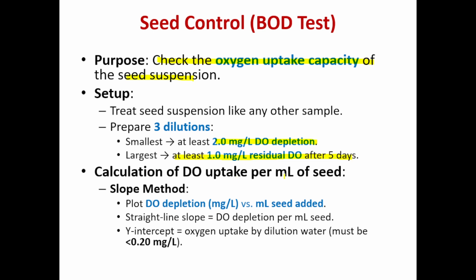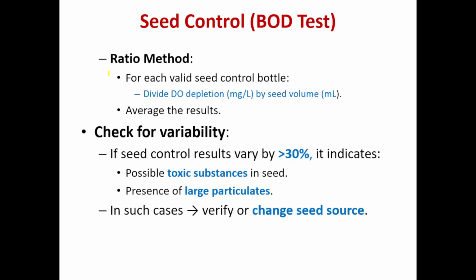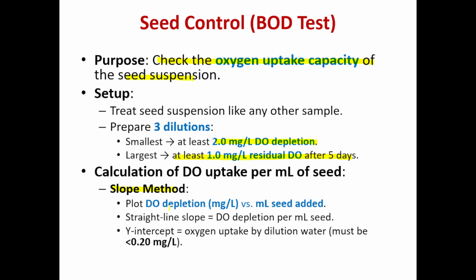Calculation of DO uptake per ml of seed: there are two methods, the slope method and the ratio method. So we need to calculate DO depletion per ml seed added.